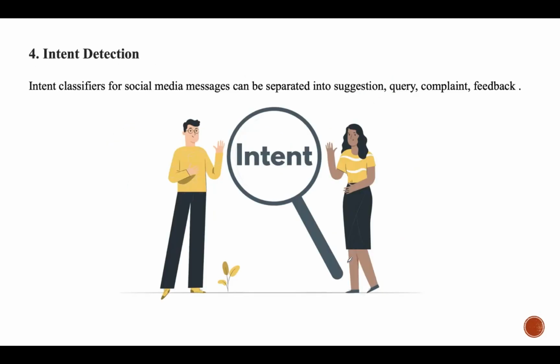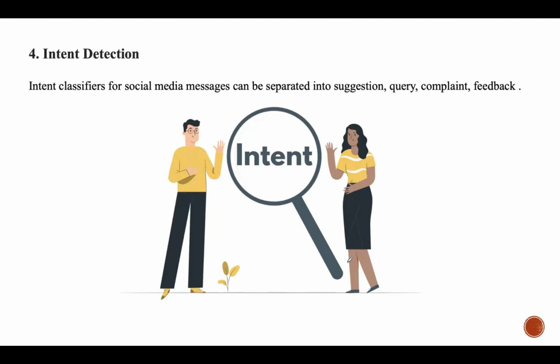And the fourth one is intent detection. Rather than identifying sentiment, intent analysis examines the given text for intention, in order to understand user intention and then classify it into predetermined tags.